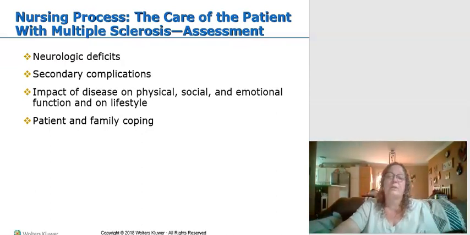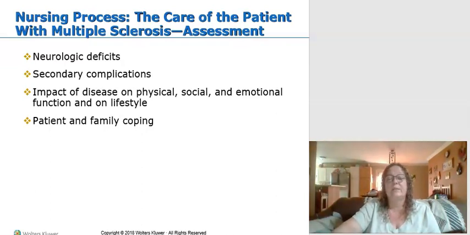So for assessment, we want to assess what their neurological deficits are, and do a history of what their disease process was, how it's progressed, where they're at, right? We want to assess for secondary complications. We want to assess the impact of the disease on physical, social, and emotional functions and on lifestyle.